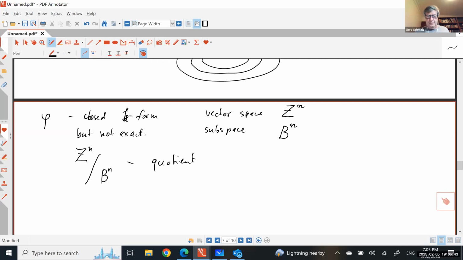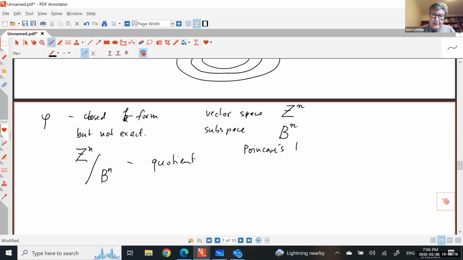If this quotient is zero, well, quotient zero means B^n and Z^n are just the same space, then this quotient is zero if every closed form is an exact form, and in the last lecture we actually said there is Poincaré's lemma.